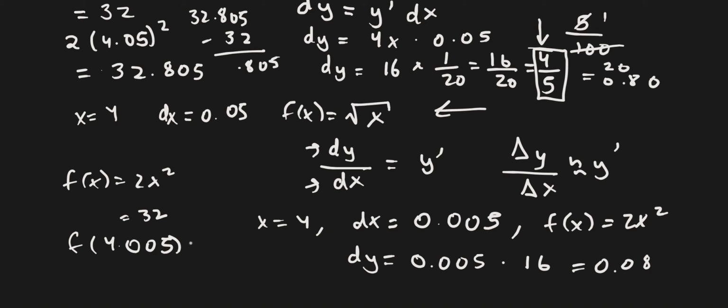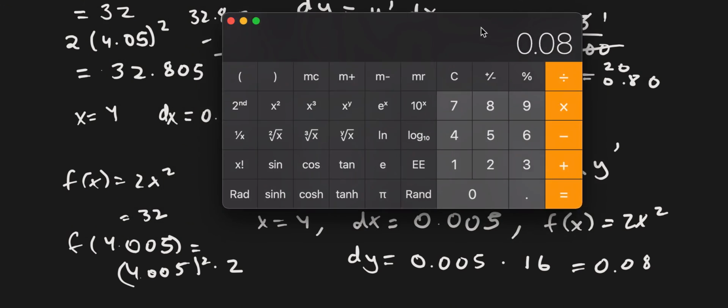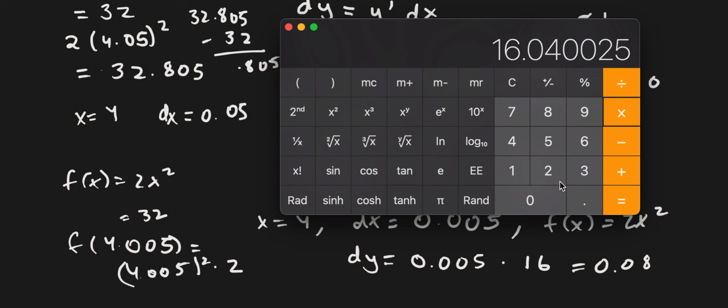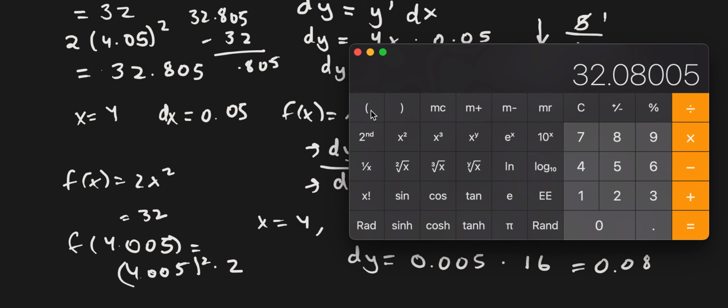That's going to be squared and multiplied by 2, so 4.005 times 4.005 is equal to this number right here, times 2 is 32.08005.